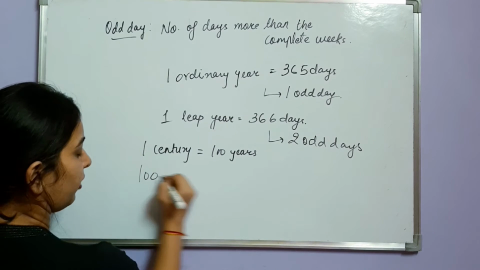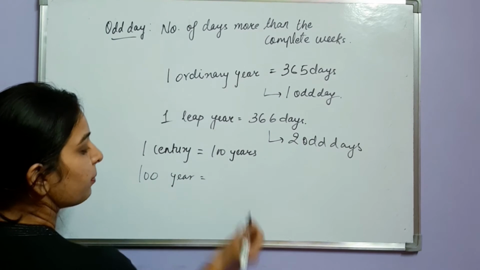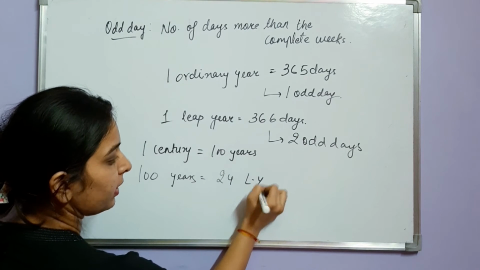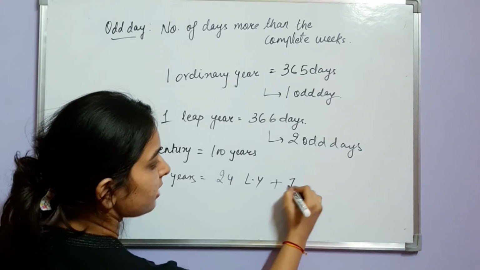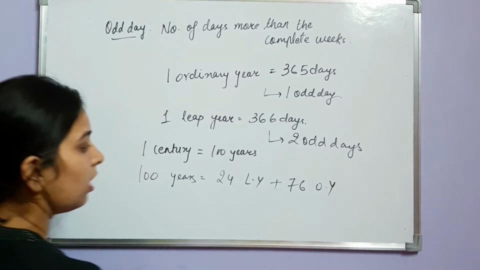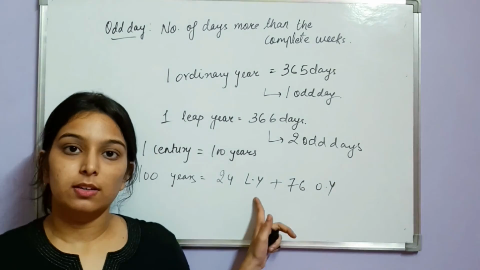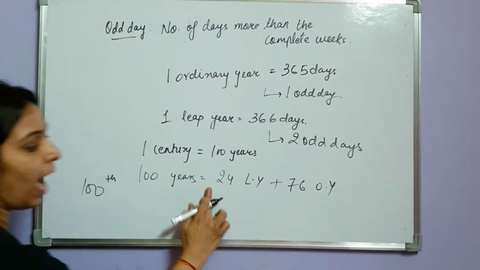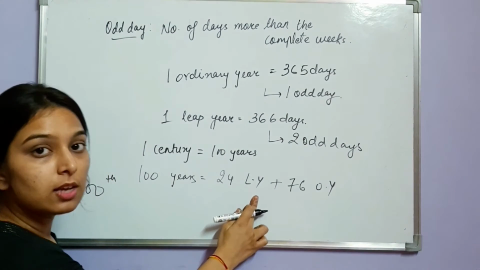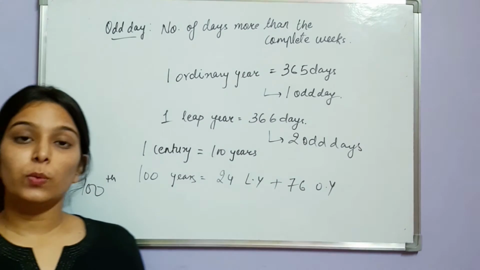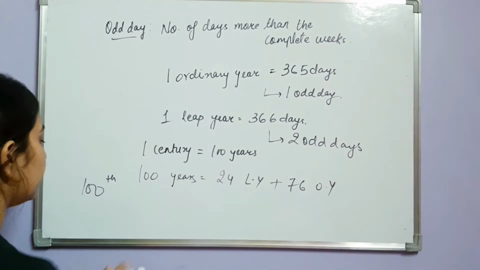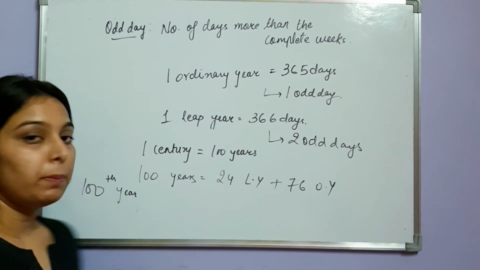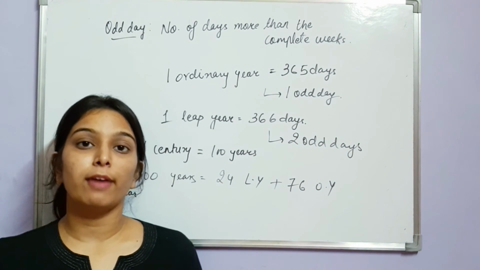And 100 years comprises 24 leap years plus 76 ordinary years. Now why is it 24 leap years? Because it should have been 25 leap years, but instead of 25 we are writing 24 leap years. The reason being that the 100th year will not be a leap year since it is not divisible by 400.